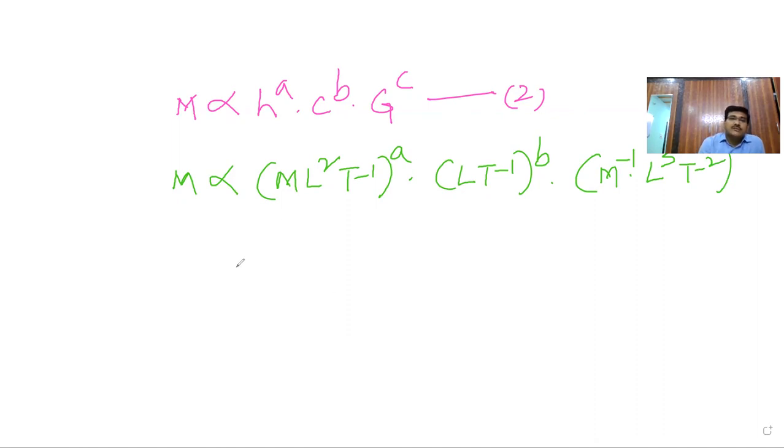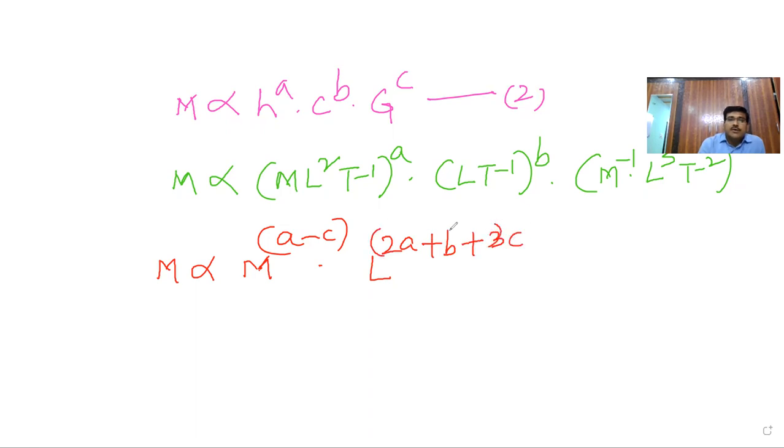So on simplification, powers: M to the power of A minus C, into L to the power of 2A plus B plus 3C, T to the power of minus A minus B minus 2C.